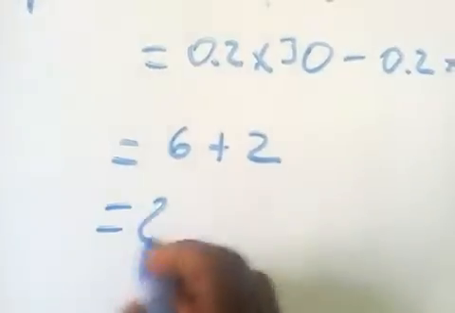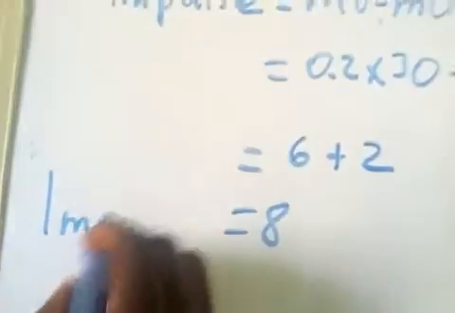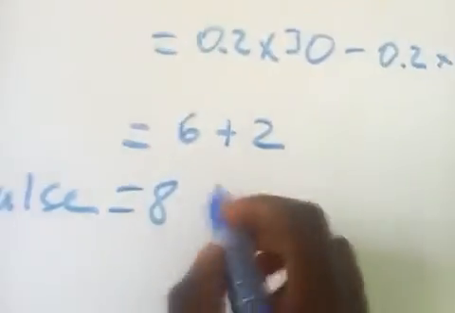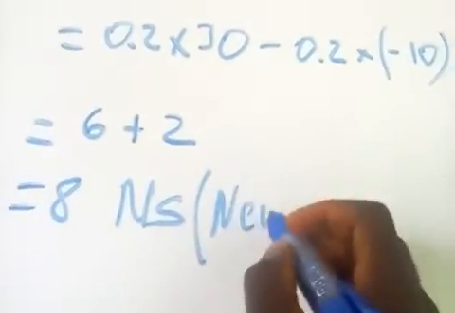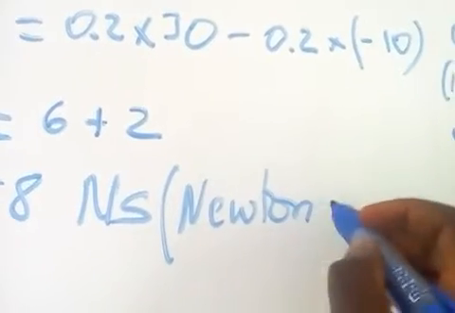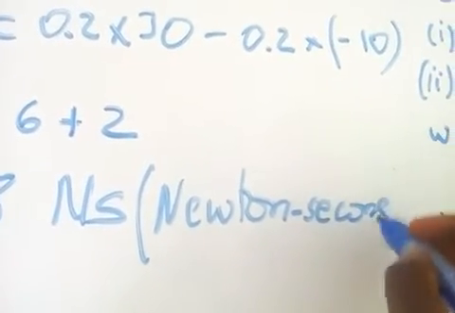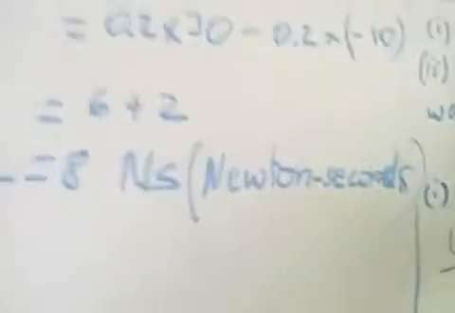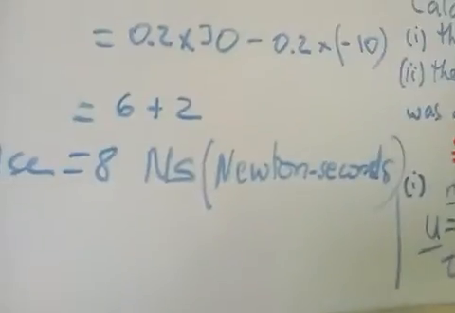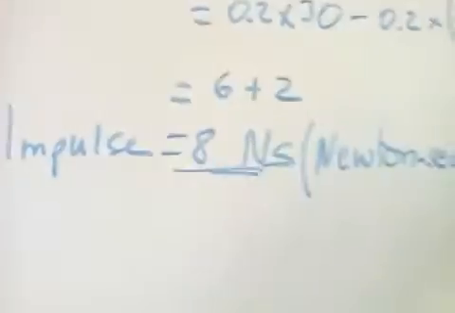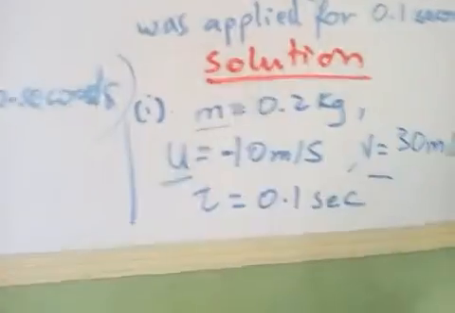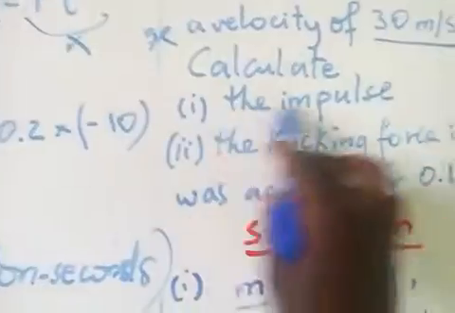So here you have 8. That is, the impulse is equal to 8, and the unit for impulse is Newton seconds, Ns. So that is the value of the impulse we are told to calculate in question (i).